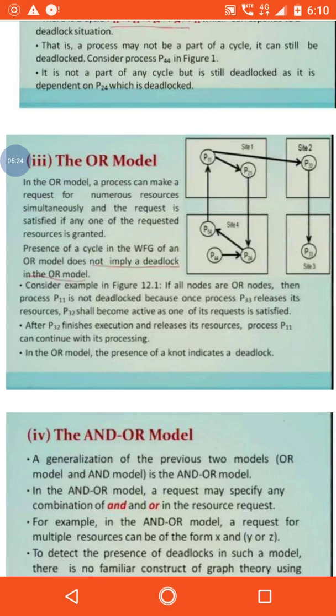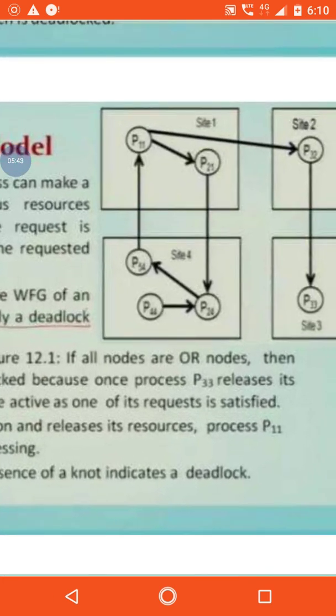The presence of a cycle does not imply deadlock in the OR model, because in the OR model it will use whichever resource is idle at that time. Then it goes to the next example. You can see that P11 is a process, and P21 and P32 are the resources. Process P11 requests P21 and P32. P32 is used by P33, and P21 is used by P24.